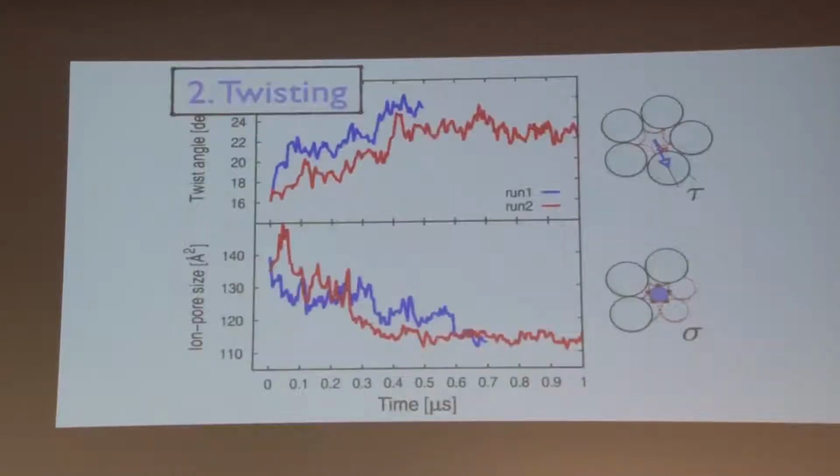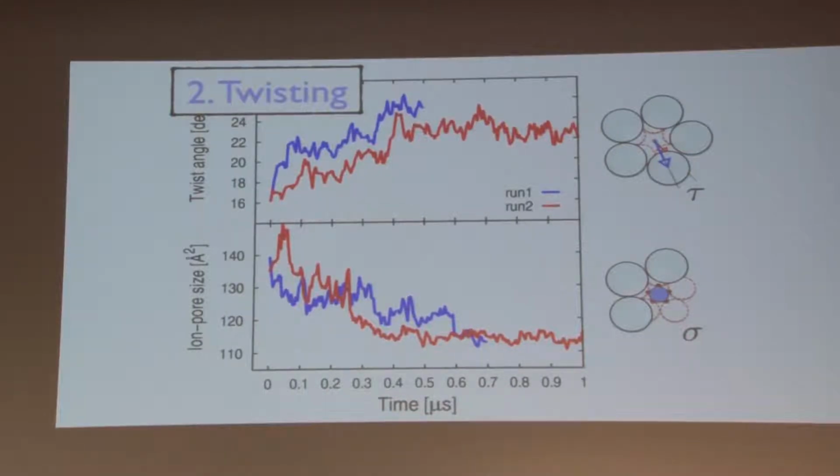So the second striking observation that we have made is that the relaxation of the channel, and so the closing of the channel, is not a local structural event, but involves a global reorganization of the protein.